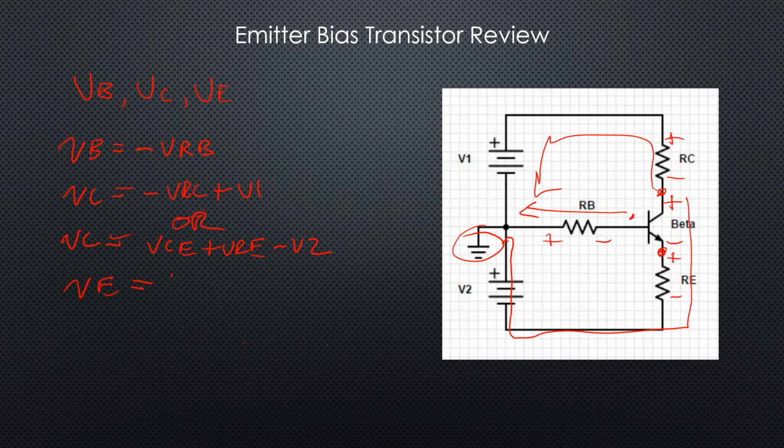So we're going to do plus VRE minus V2, or minus VBE minus VRB, or minus VCE minus VRC plus V1.